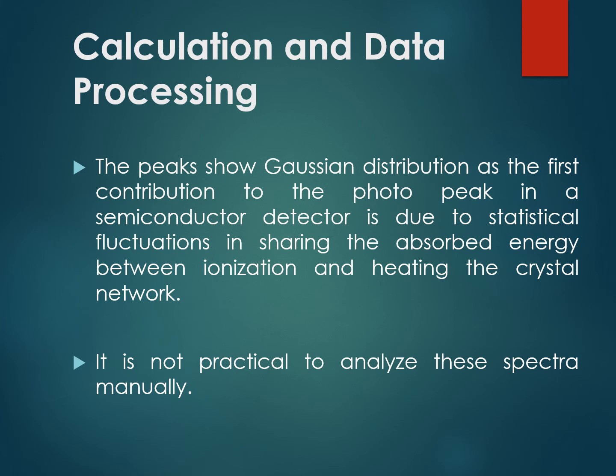It is not practical to analyze these spectra manually. Those spectra can be analyzed manually, however, but they are digitally analyzed or interpreted by using the computer, in which the computer memory has saved thousands and millions of graphical representations of different substances, and it can automatically organize that data.